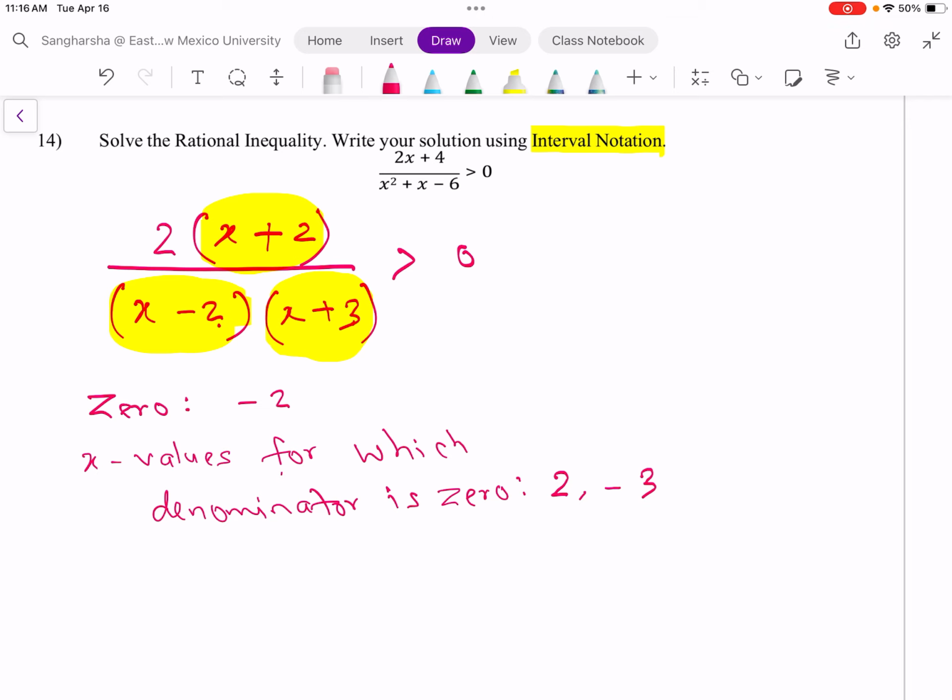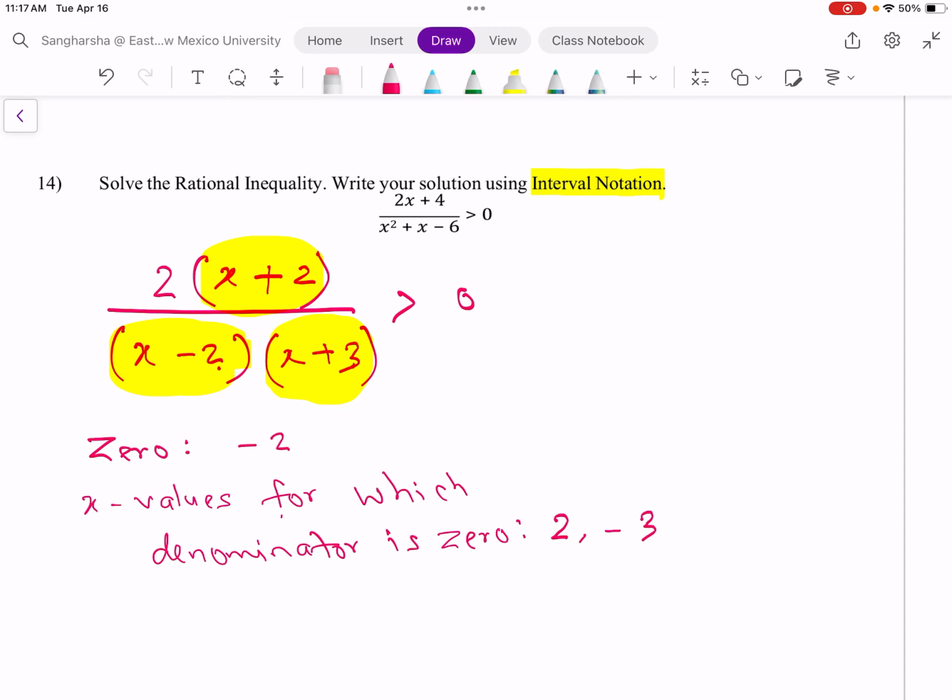So whenever you have a rational inequality, you need to include the number that makes the numerator 0, which we call the zero, and you also need to include the x values that make your denominator equal to 0. The easiest way is you factorize the numerator, you factorize the denominator, and you look for the x that makes each factor equal to 0.